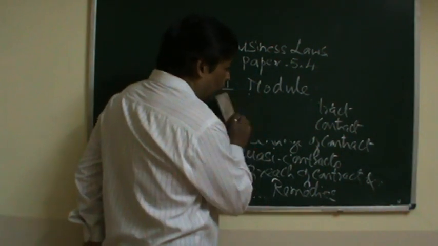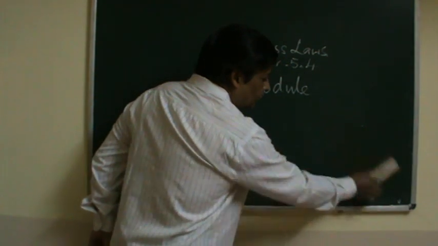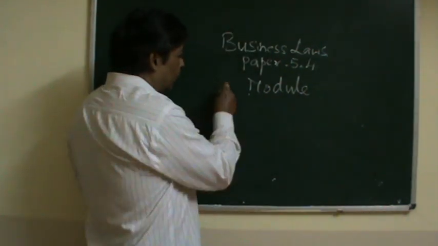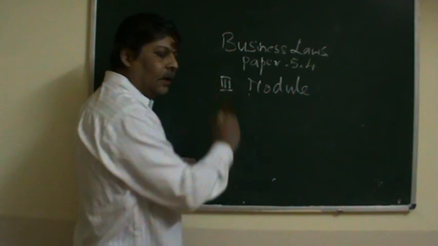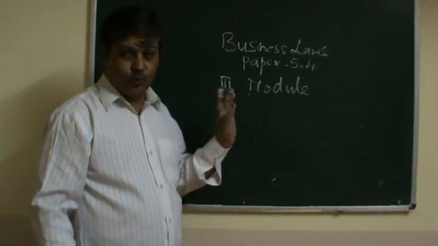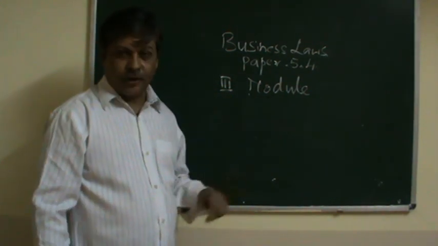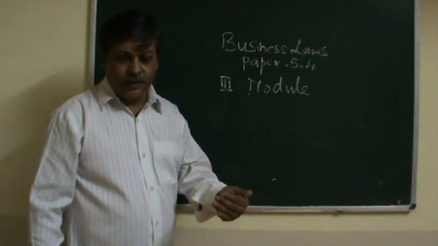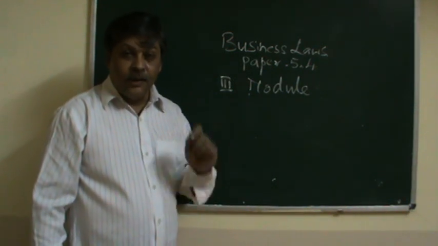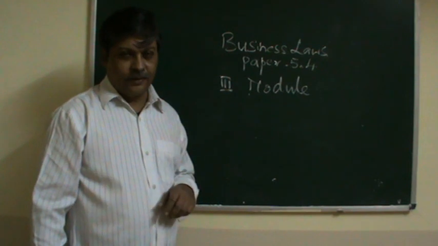And in the third module, this is the last part of the Contract Act of 1872. The third module speaks about specific contracts.